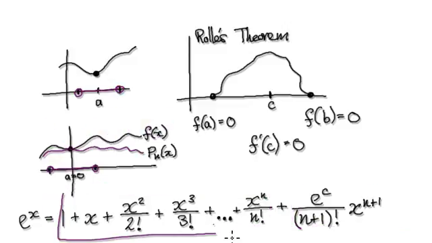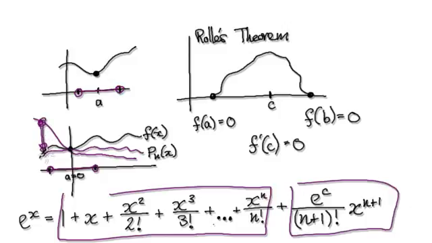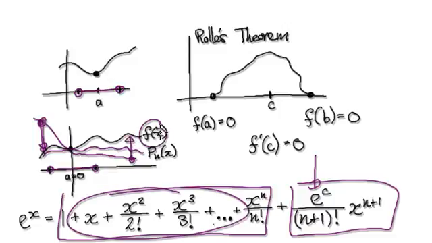You can imagine this as being something like this. So when you're here, if you take away your remainder, it will map this on top of the function. Or when you're over here, if you add your remainder, it will map this thing on top of the function.